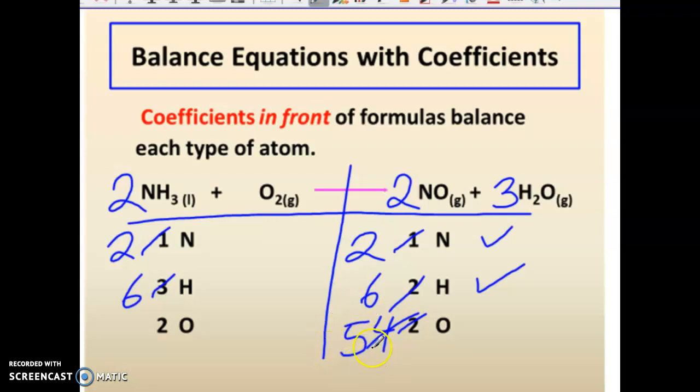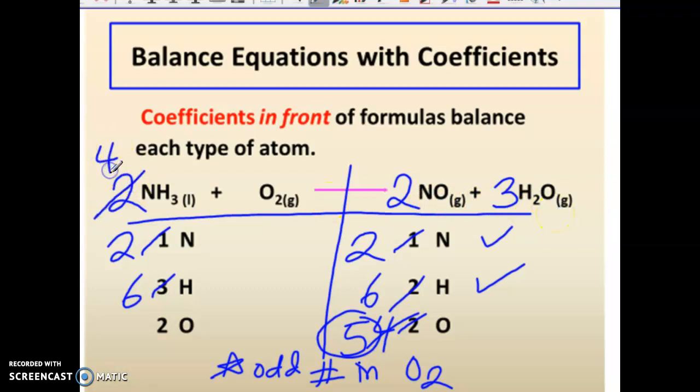So what has to happen here is when you get stuck like this, so if you're trying to put an odd number into oxygen, like in this case, we're putting a 5, what you should do is basically double up everything. So what I mean by that is this would become a 4, this would become a 4, this would become a 6.